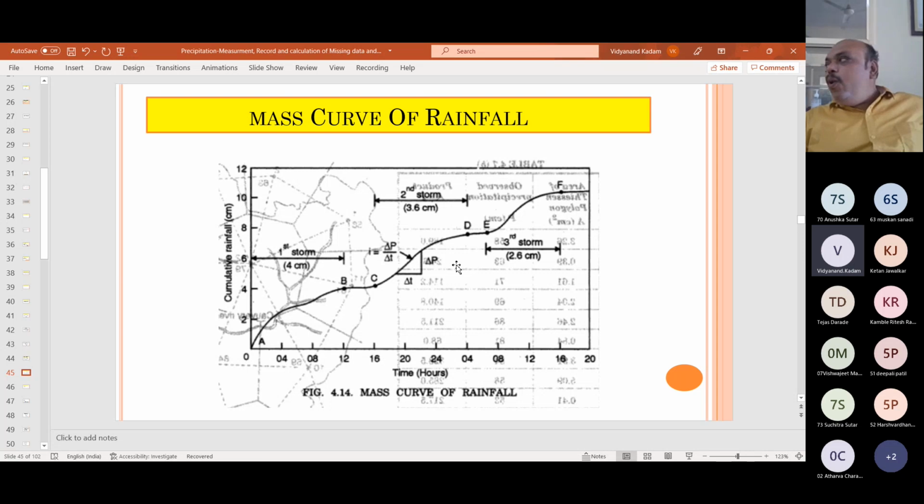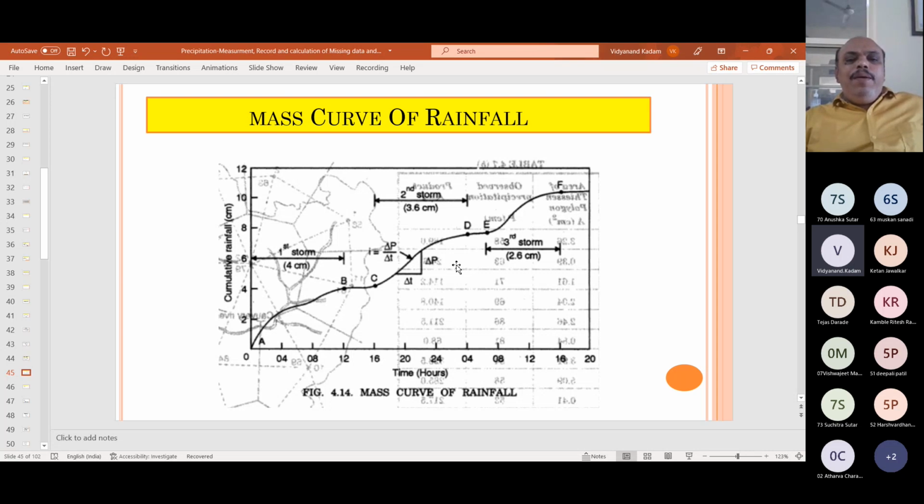We just have to go on adding the total rainfall values from the starting time. So that value is the cumulative rainfall value. Now on the y-axis, cumulative rainfall values are plotted, and on the x-axis, time is plotted.